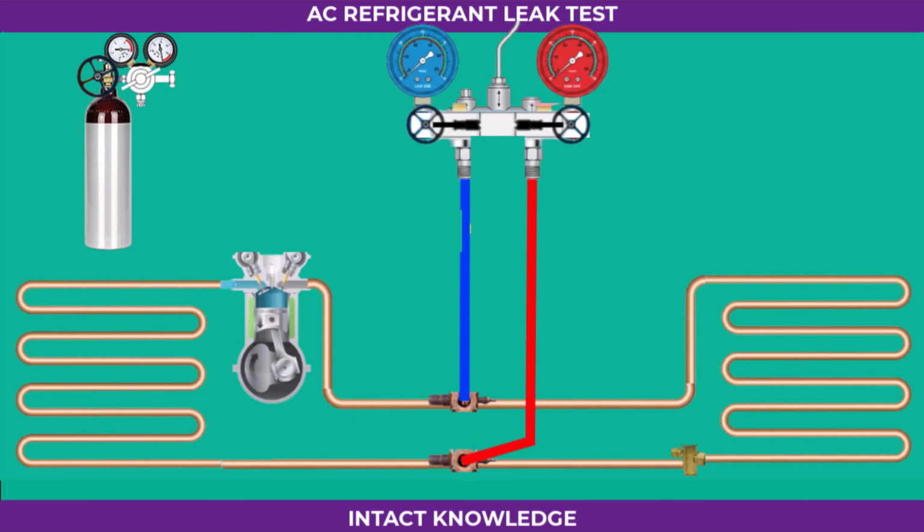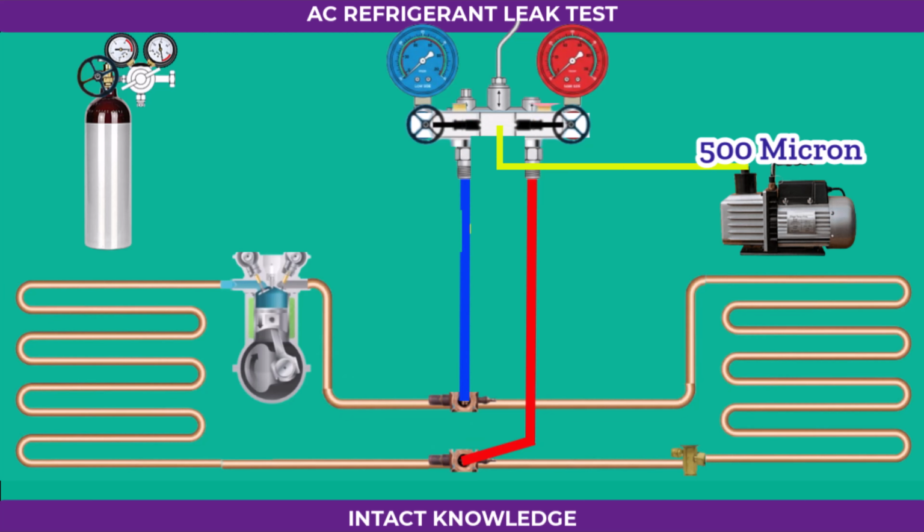Now, hook up your vacuum pump and pull the system down to 500 microns or lower. This removes moisture and non-condensable gases from the lines. When the vacuum remains steady, recharge the system with the correct refrigerant type and quantity, and run the air conditioner to confirm proper operation.